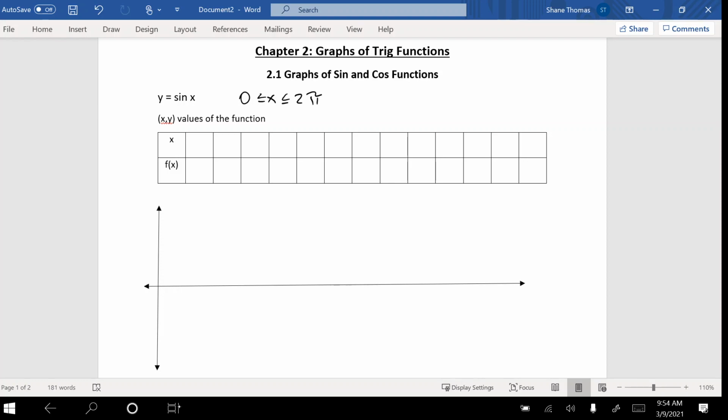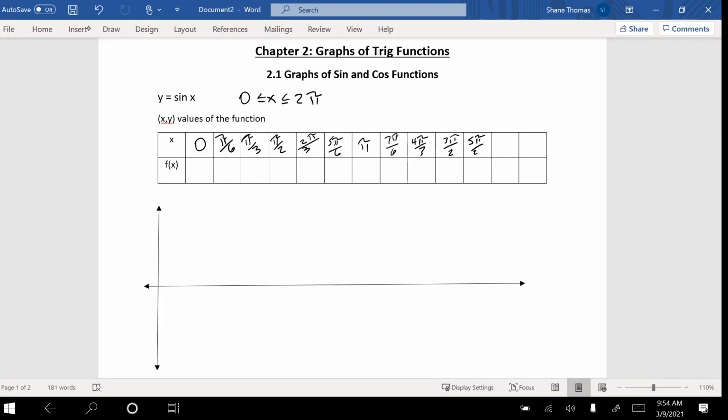Okay. So we'll go from 0, pi over 6, pi over 3, pi over 2, 2/3 pi, 5/6 pi, pi, 7/6 pi, 4/3, we'll go 3/2, 5 pi over 2.